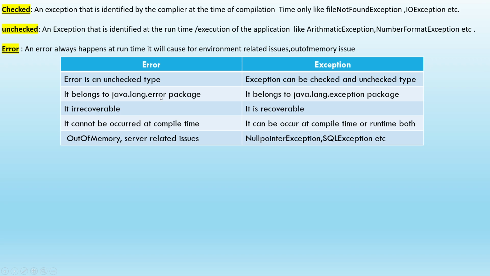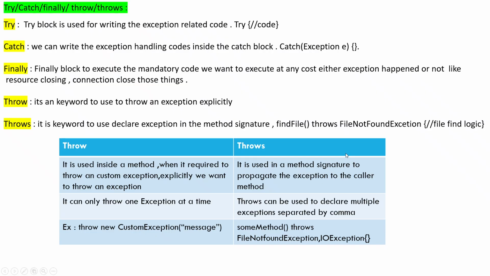Error belongs to the java.lang.Error package, but exception belongs to the java.lang.Exception package. Error is irrecoverable, like we cannot handle those things. Exception is recoverable. Error cannot occur at compile time, yes, that is true, but exception can occur at compile time or runtime. Examples: OutOfMemoryError, server related issues; and for exceptions, NullPointerException, SQLException.